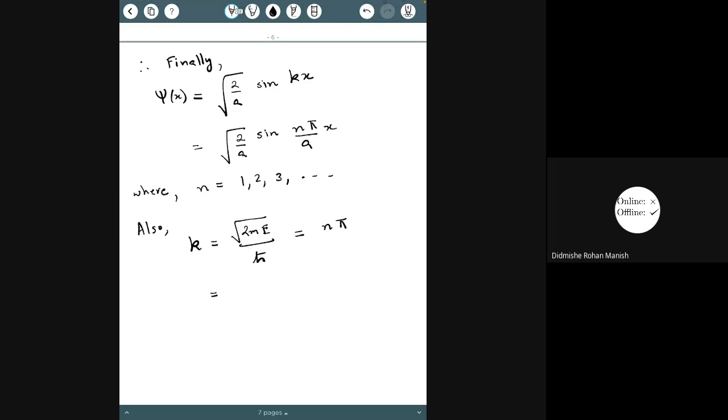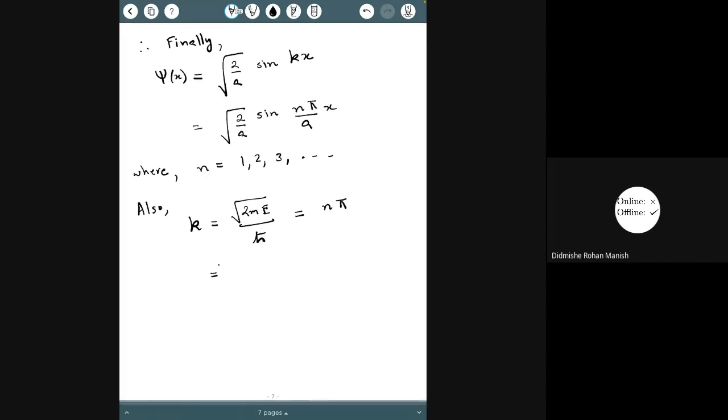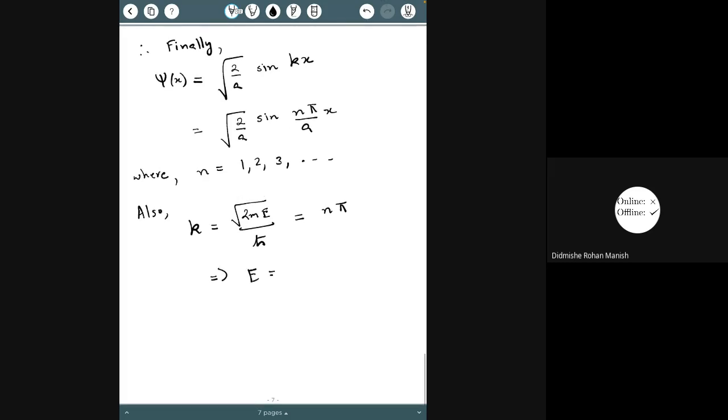So if I square, then E is equal to n squared h cross squared pi squared by 2m a squared.